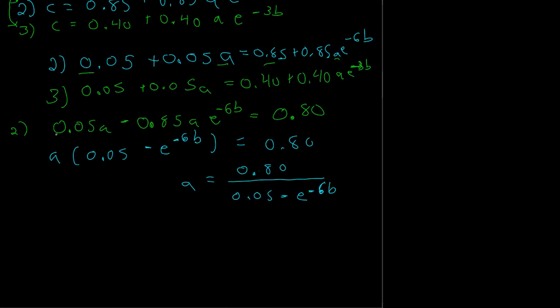Right? I took equation 2 and put all the a's on the left-hand side. So I had 0.005a, and I subtracted from it 0.85a e to the negative 6b.